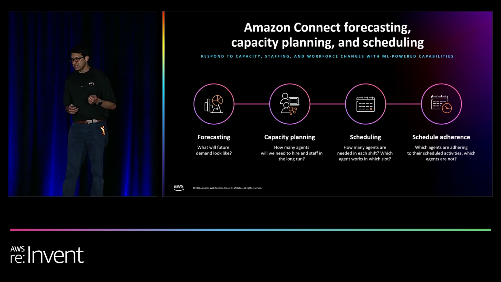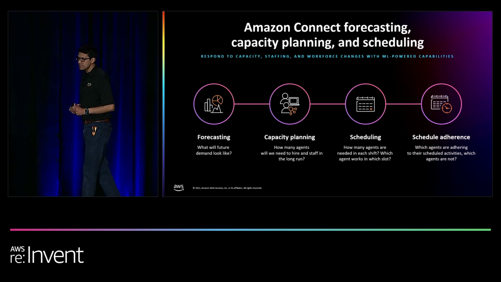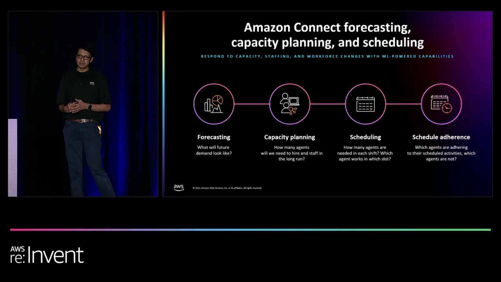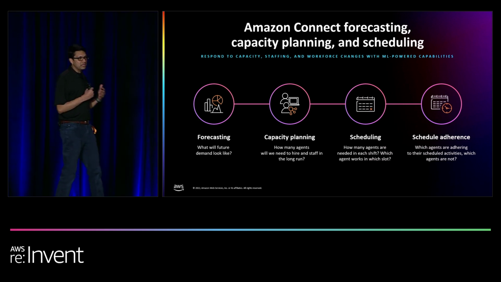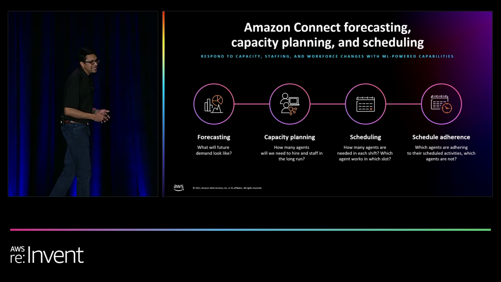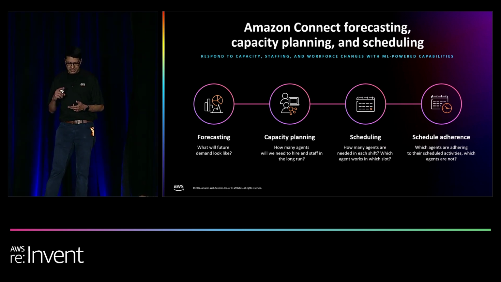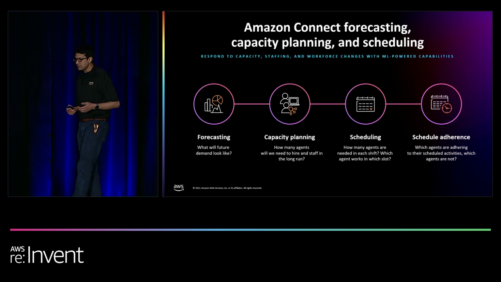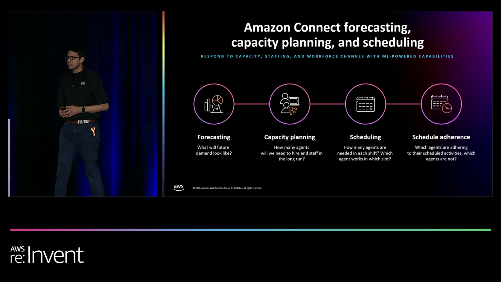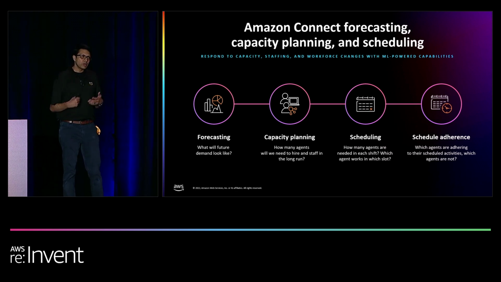So that's capacity planning. Scheduling is all about which agent will work when. It covers interval-level staffing, every 15 minutes, 30 minutes, how many agents are required to take those contacts, and then building those schedules or shifts for them. That's number 3. And then obviously, you want to make sure during an intraday scenario that you know what the agents are doing.